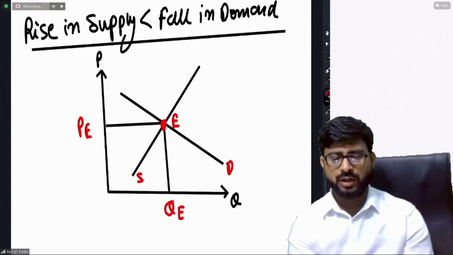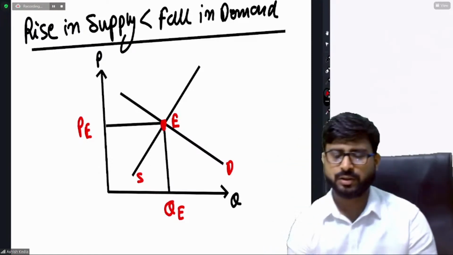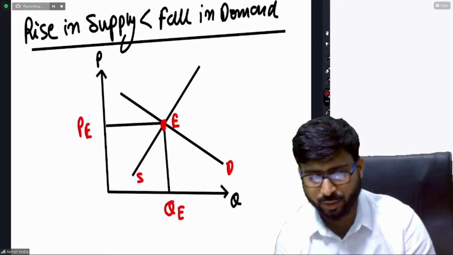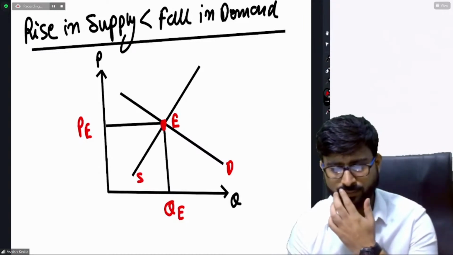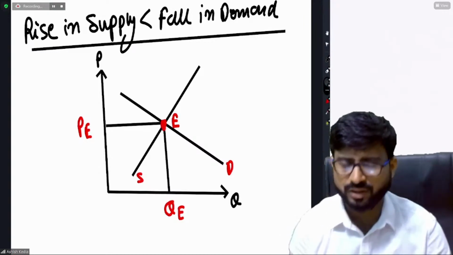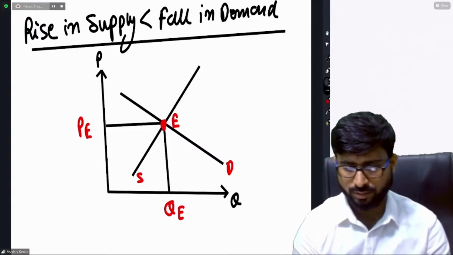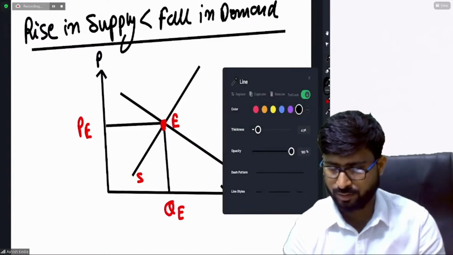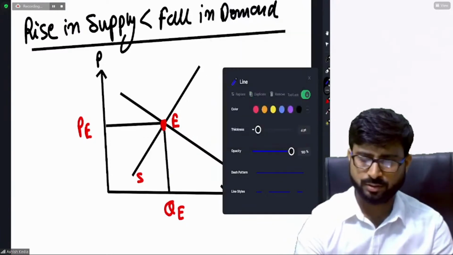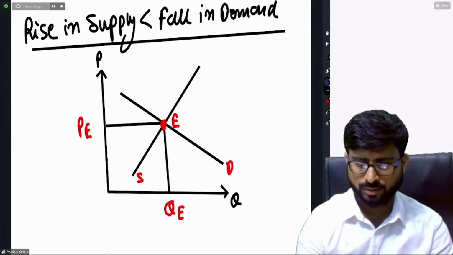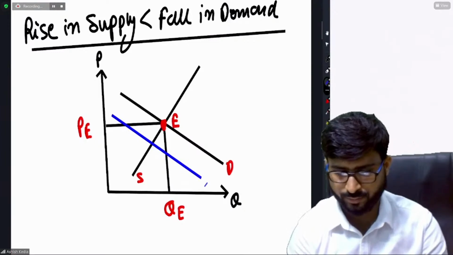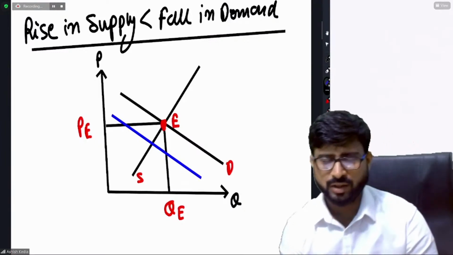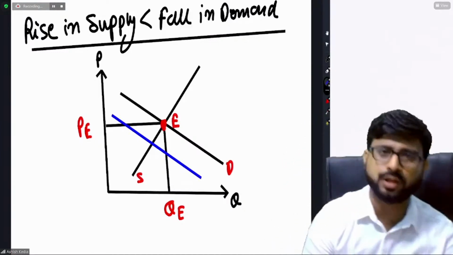Now, rise in supply is taking place, but at a lesser pace compared to fall in demand. So there is a greater fall in demand, but rise in supply is taking place with a lesser quantity.